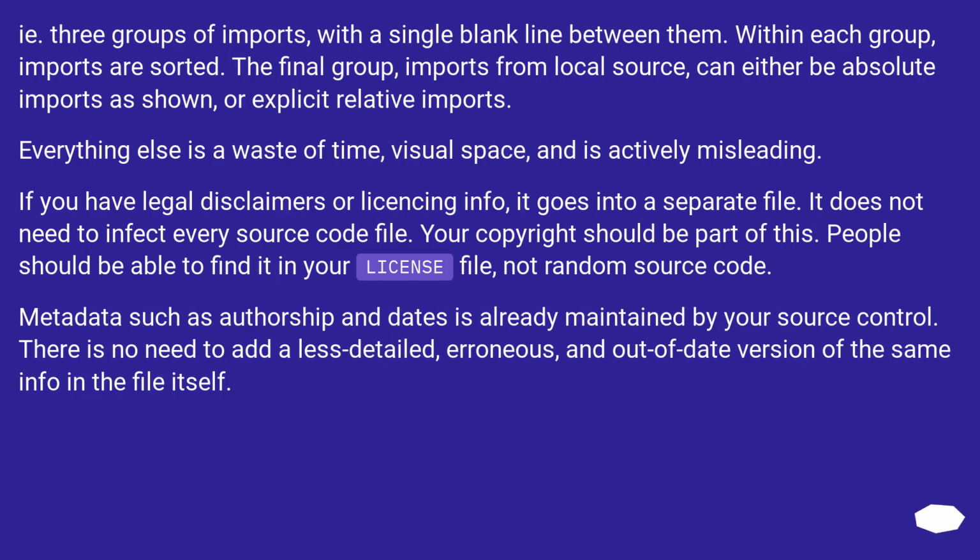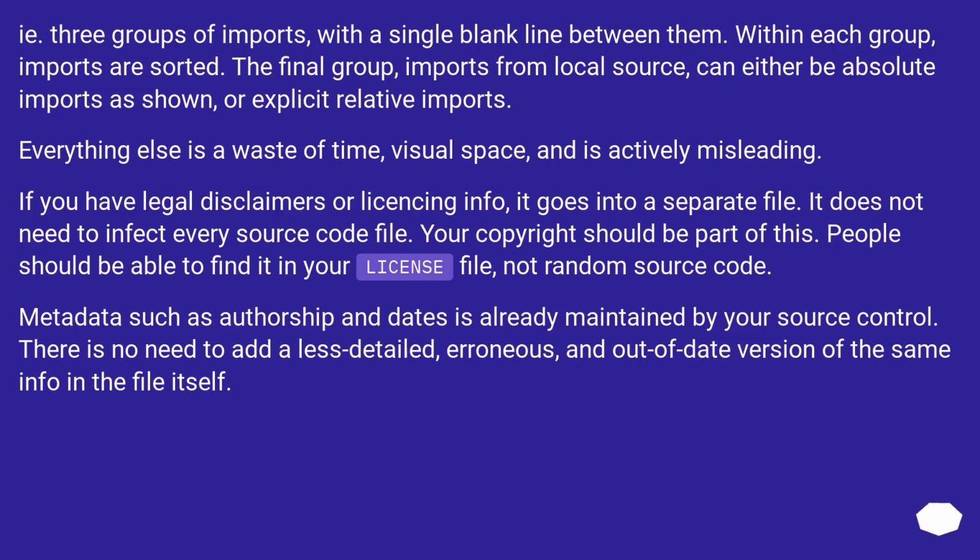Within each group, imports are sorted. The final group, imports from local source, can either be absolute imports as shown, or explicit relative imports. Everything else is a waste of time, visual space, and is actively misleading.